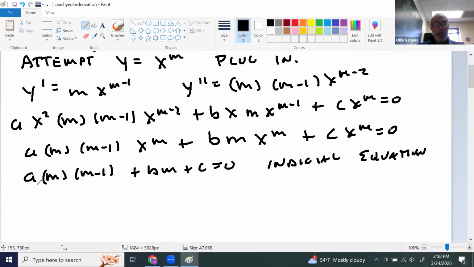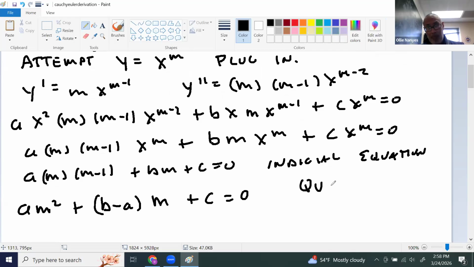But most importantly, this is a quadratic. So this is really a m squared, and I'm going to do the algebra fast here because I assume that you're reasonably good at algebra. And that's a quadratic in m.